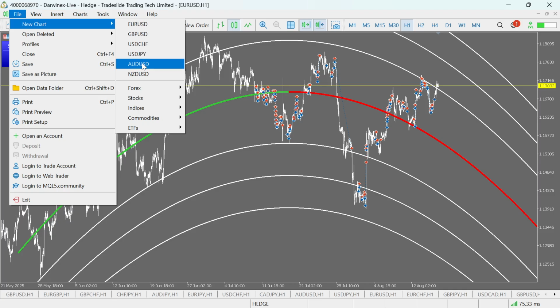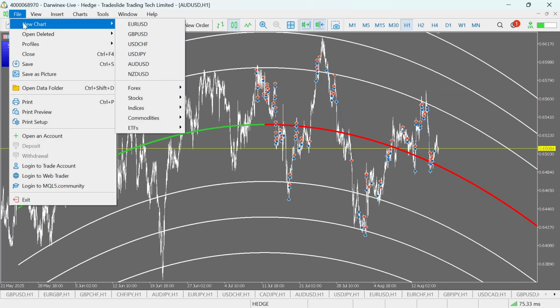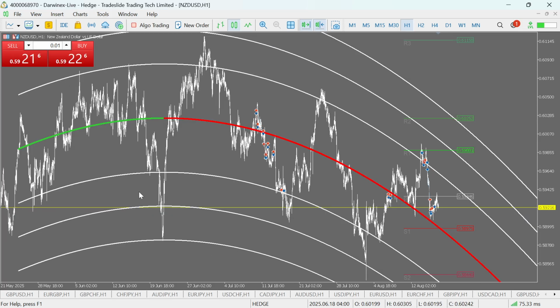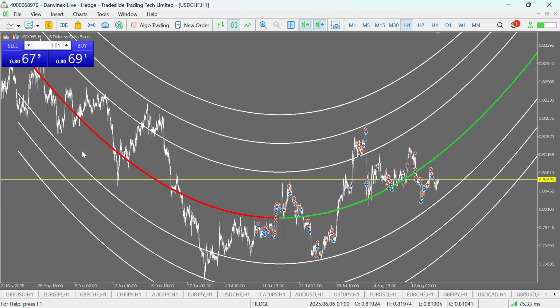Australian, going down. New Zealand, going down. Reverse correlation. Franc, whoop. All right, as you can see now, we have a larger view of what's going on.